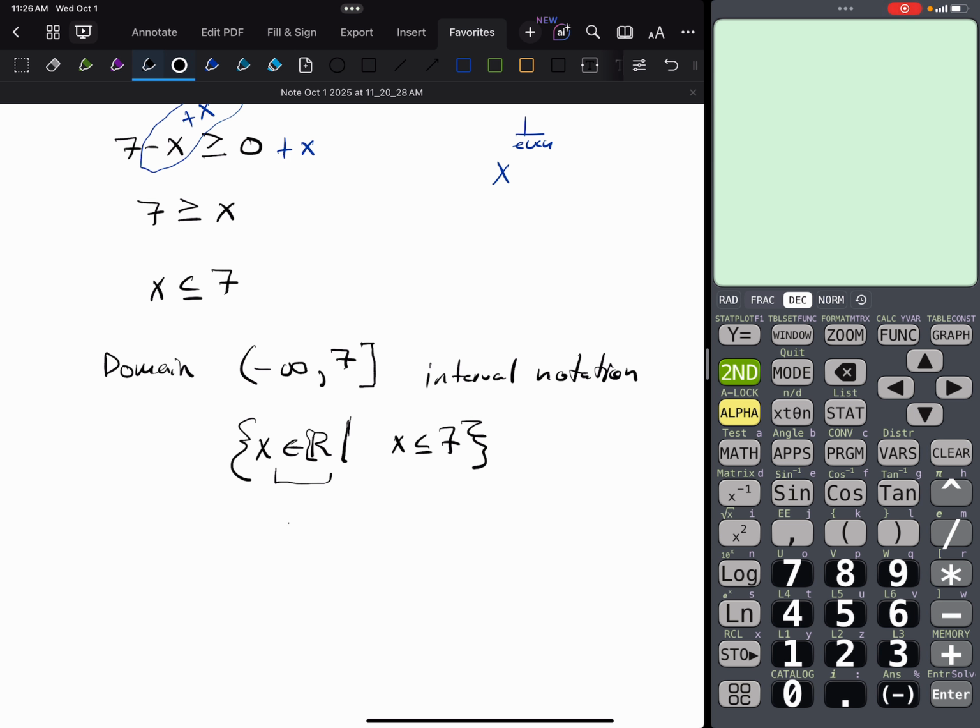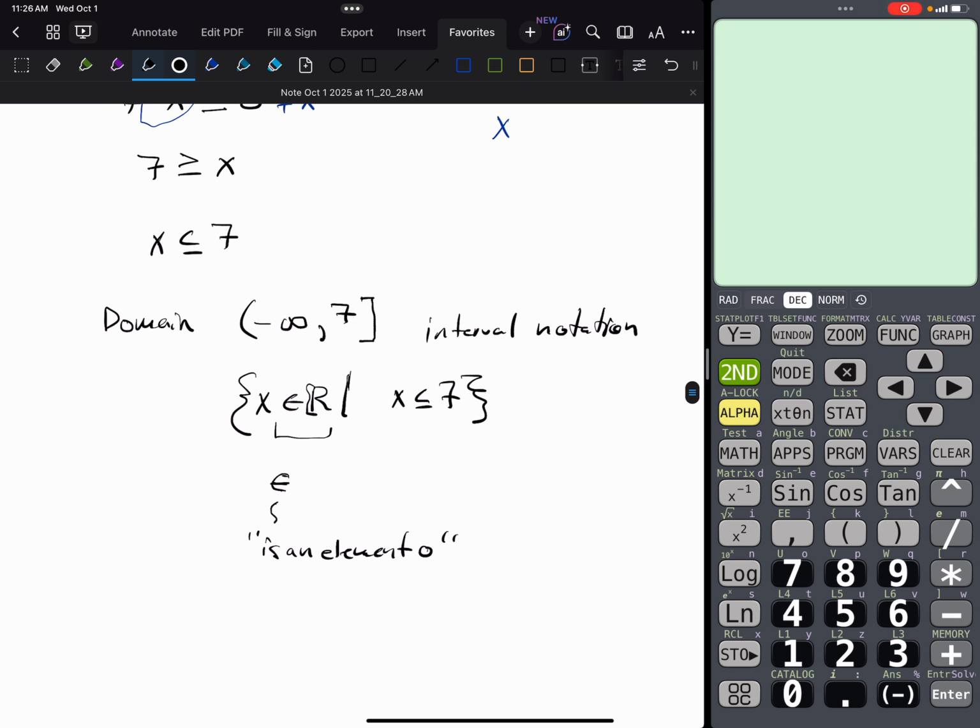This funny sideways pitchfork that looks a lot like an E could be read as "is an element of," and then this funny looking R with the gap there is the set of all real numbers.